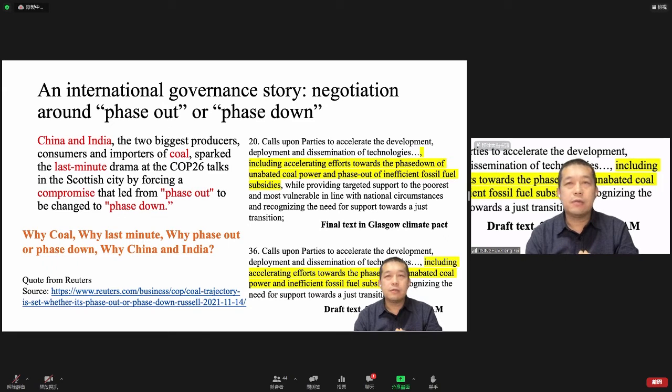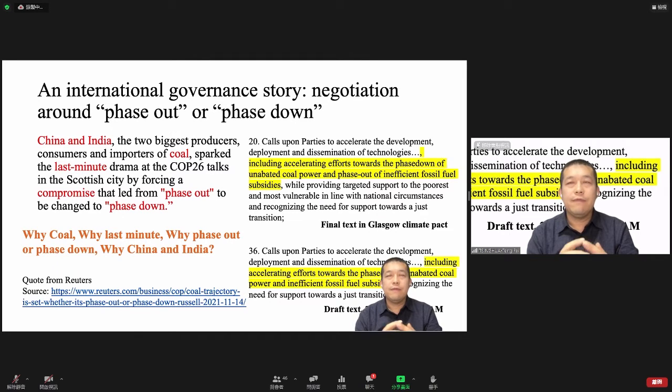I compared 2 texts in these slides. The first one is the final text you can find on the website, the final outcome of this COP, the Glasgow Climate Pact. The highlighted words are about coal, which generally ask parties to accelerate efforts towards the phase down of unabated coal and phase out of inefficient fossil fuel subsidies.